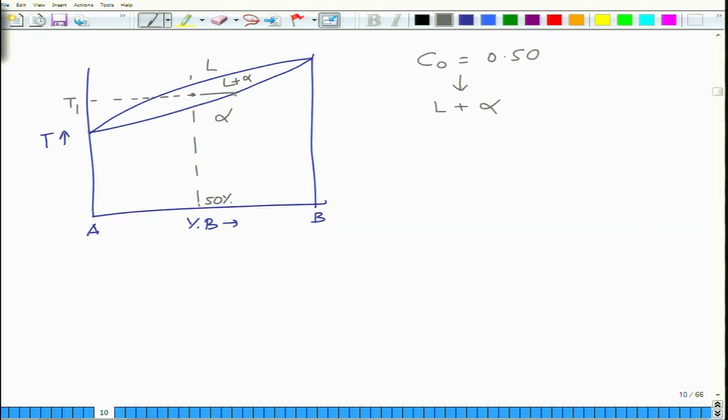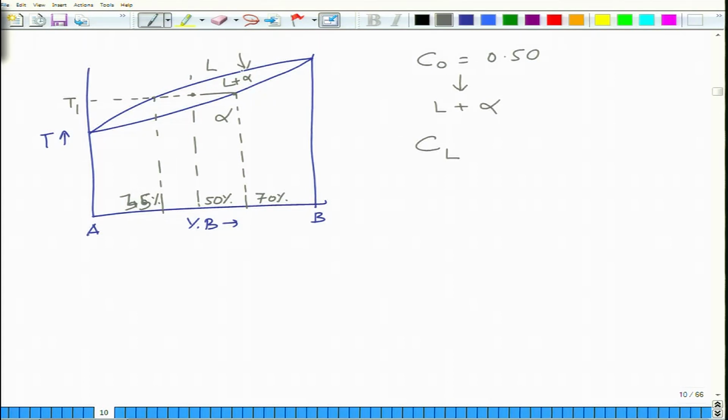Let us say this point is equal to 70% and this point is equal to 40%, or maybe 35%, okay, 35%. So, I can see that when you have two phases in equilibrium, then C liquid, so this is liquidus.